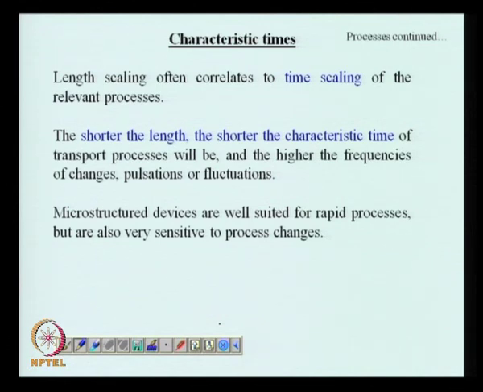So, if we think about dissolution of a substance, or one component getting diffused into another component, or two liquids flowing side by side, and due to diffusion there is going to be some sort of overlapping or mixing taking place at the boundary of these two immiscible liquids, then the time scale of mixing for a micro device, due to the shorter length of transport, is going to be a lot faster than the macroscopic systems.